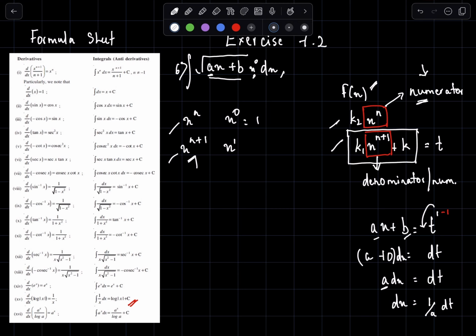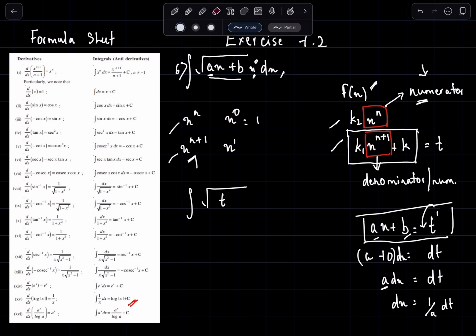Okay, so let's do this. Integral of root of t, because ax plus b is equal to t.